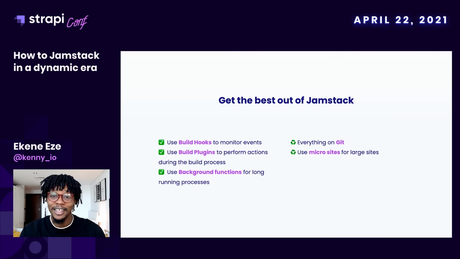The last thing I think you can do to get the best out of your JAMstack site is if you're building a large JAMstack site that has thousands and thousands of pages. What I think is amazing is to spread it out into microsites with respect to their logical concerns, right?